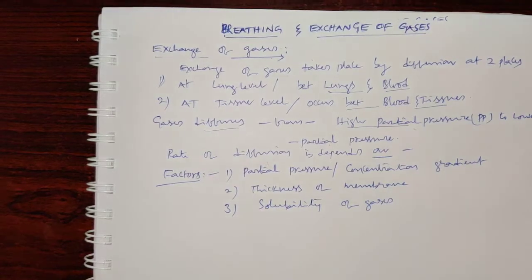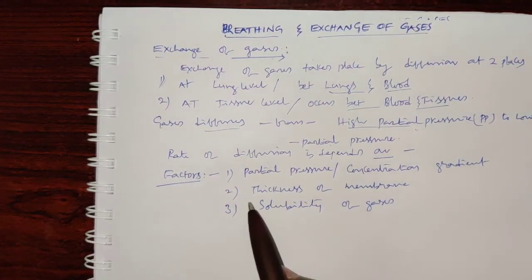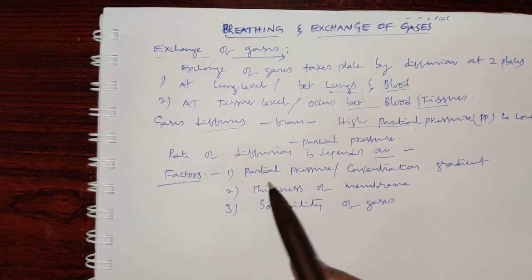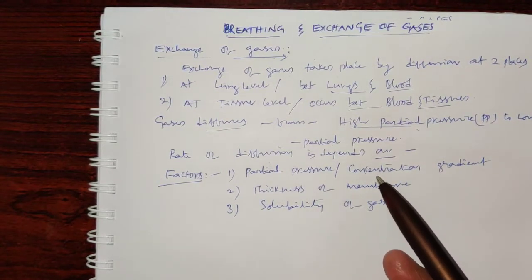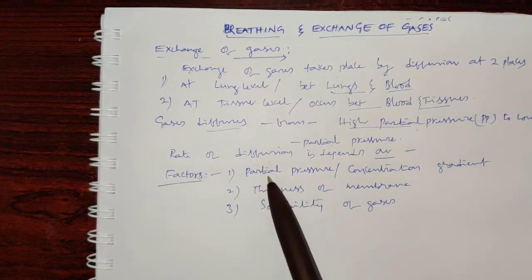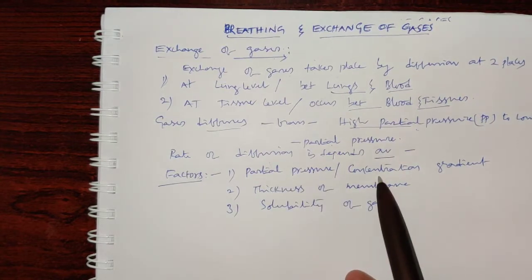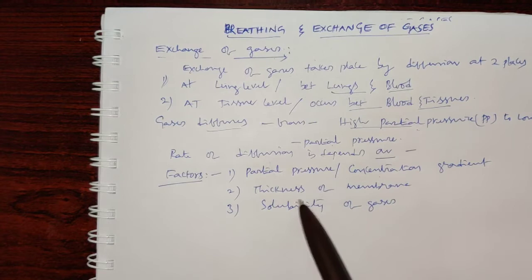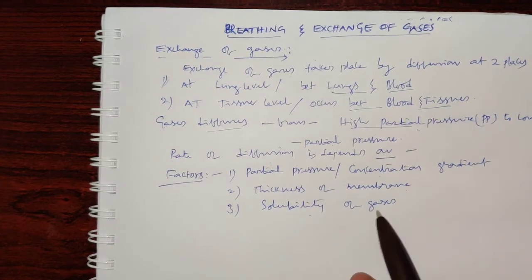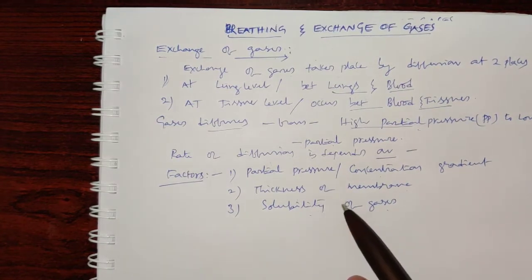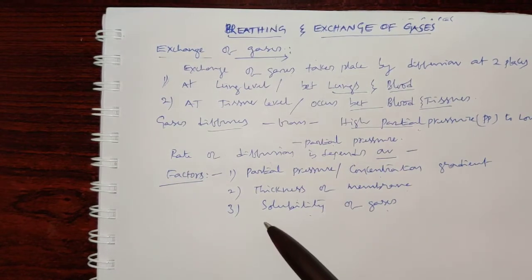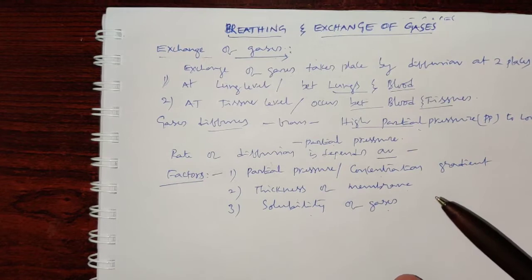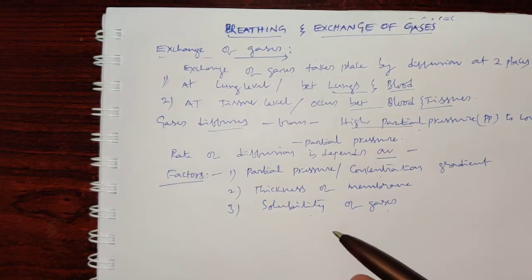So there are three factors involved in exchange of gases: partial pressure or concentration gradient, thickness of membrane, and solubility of gases. These three factors determine whether the rate of diffusion of gases will increase or decrease.